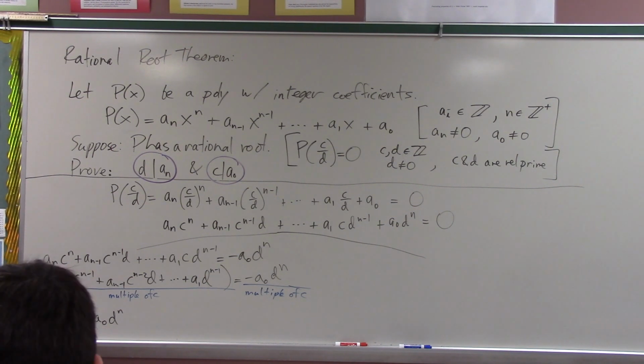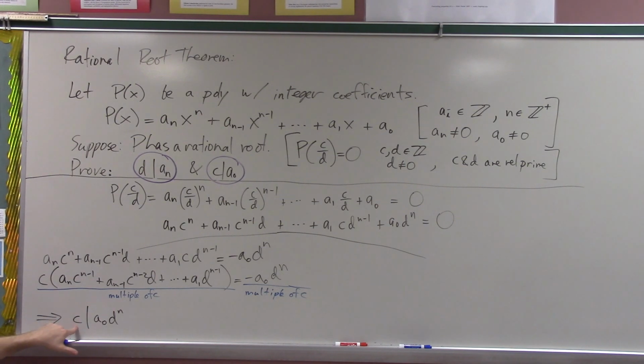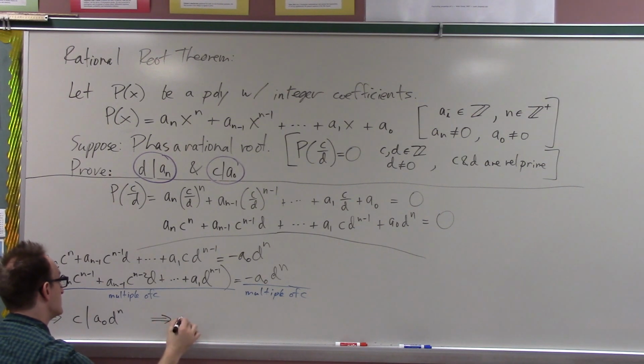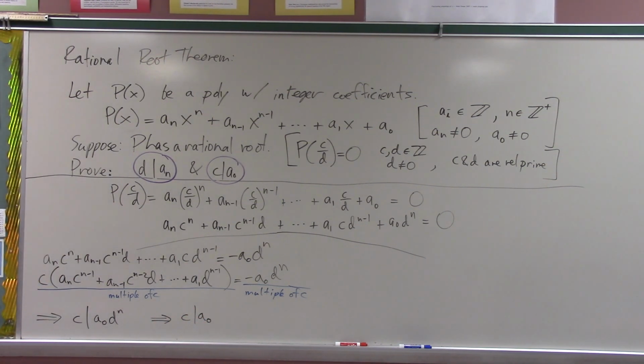If C and D have no factors in common, then C and D to the N also have no factors in common. And then by our theorems up there, if C goes evenly into A sub 0 times something with which it has no factors in common, then conclusion, C divides A sub 0. Well, I'm just kind of blowing off the negative for the moment, just because who cares.